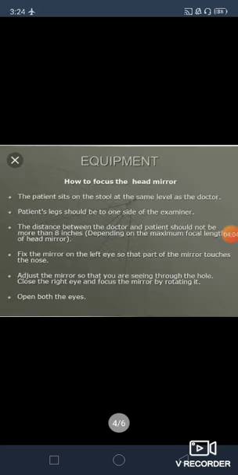Then how to focus the head mirror? The patient sits on a stool at the same level as the doctor, so we should make sure that the height of the stool and the height of the chair on which the patient is sitting are almost at the same level. The stool should not be too low or too high.